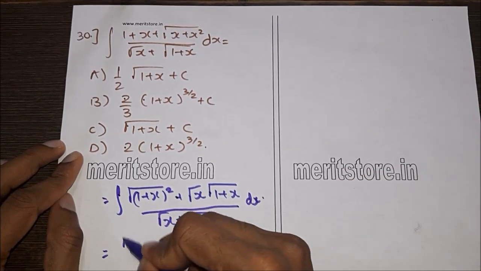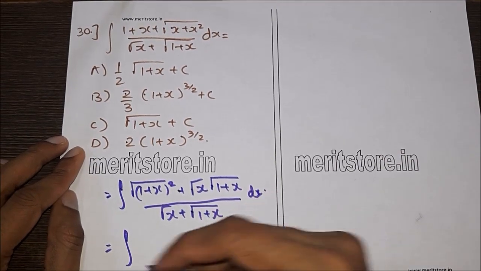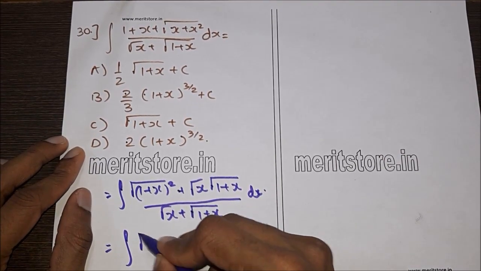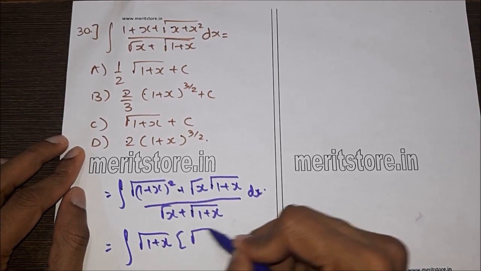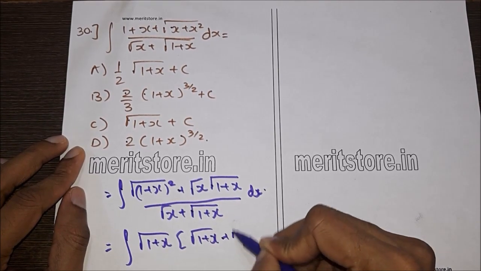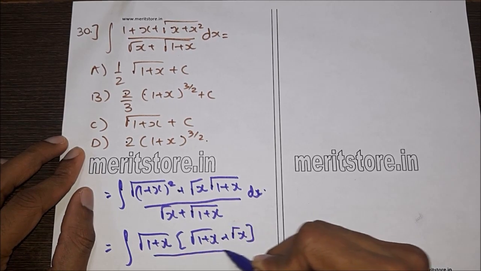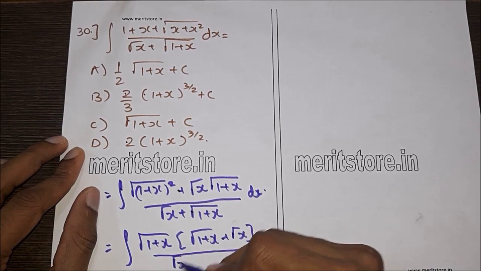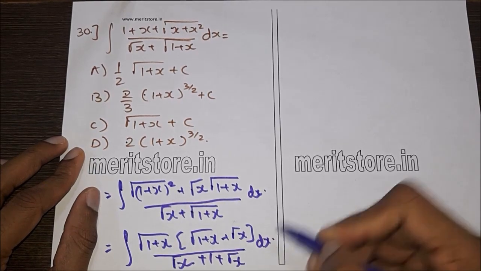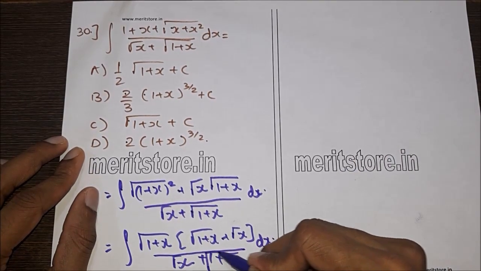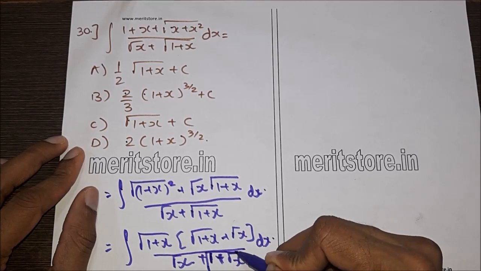We can write this as the integral of root 1 plus x, which we take common, giving [root 1 plus x plus root x] upon [root x plus root 1 plus x] dx. Sorry, this is under root of 1 plus x.